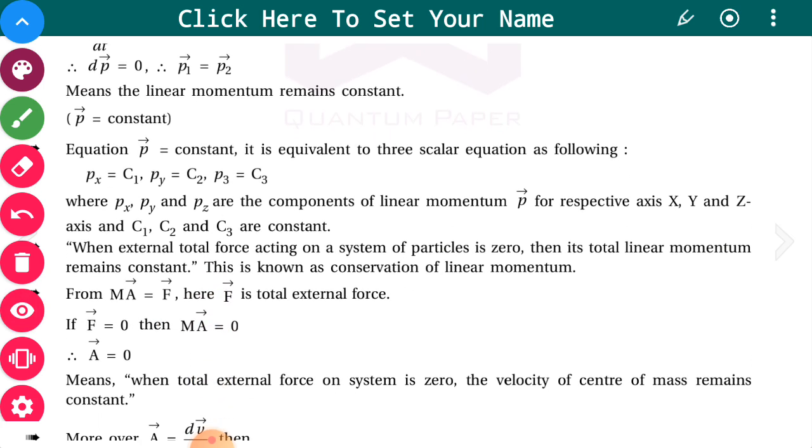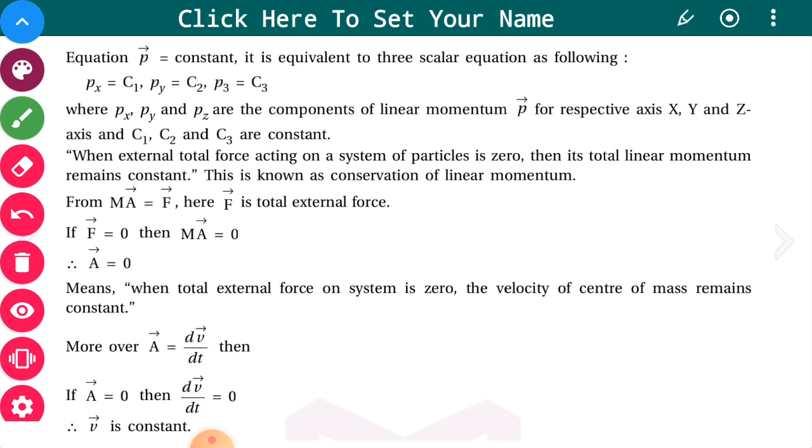So P is constant. Now P is constant is equivalent to three scalar equations which we can write: Px is c1, Py, that is the momentum in y direction, is c2, or momentum in z direction, Pz, is c3, where c1, c2, c3 are constants.